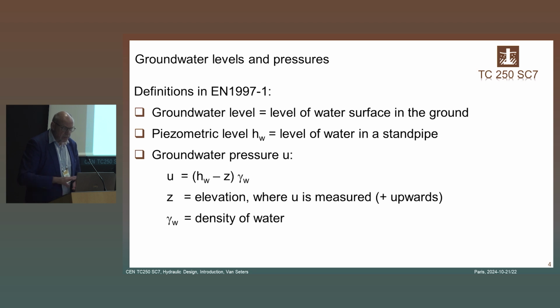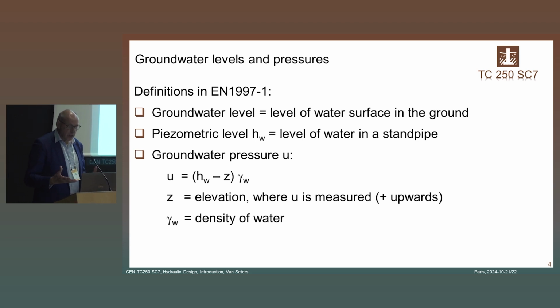And then some definitions on groundwater. The groundwater level is the level of a water surface in the ground, which seems very clear. But piezometric level is the level of water in a standpipe, and there you have, of course, the difference between pressure water and free water.